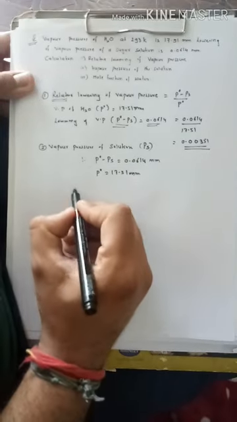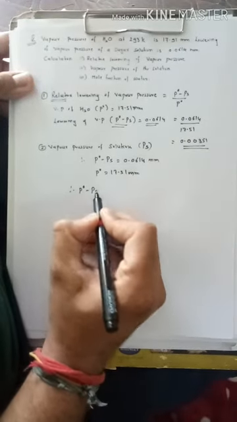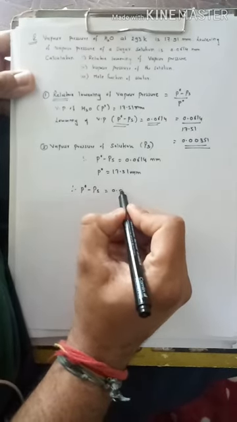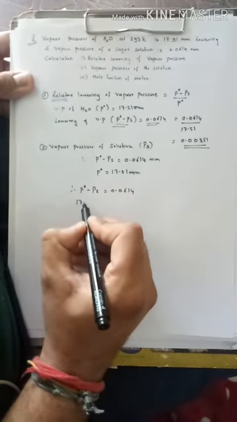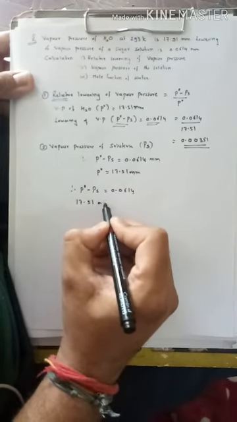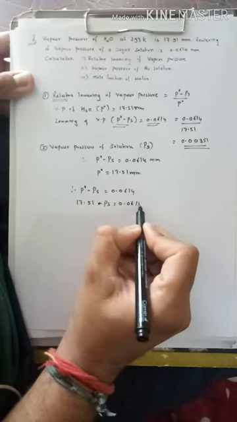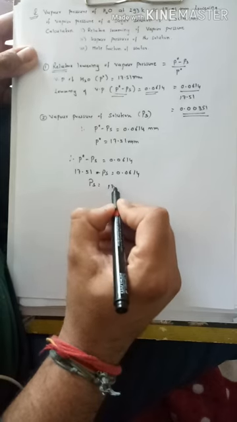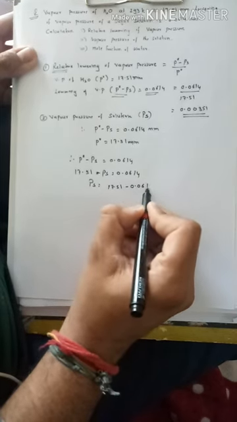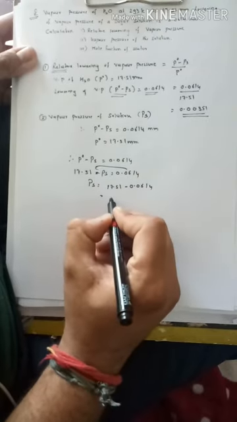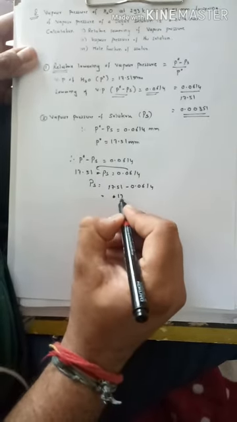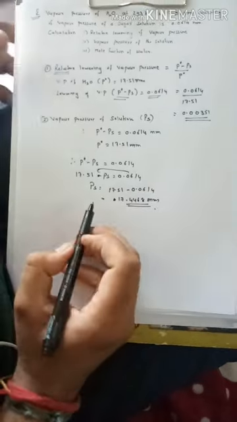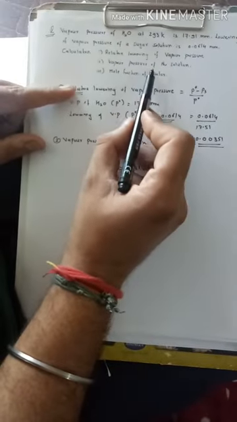So replace the values: 17.51 minus Ps equals 0.0614. You get the final answer Ps equals 17.51 minus 0.0614, which is 17.4468 mm. This is how we find the vapor pressure of the solution.